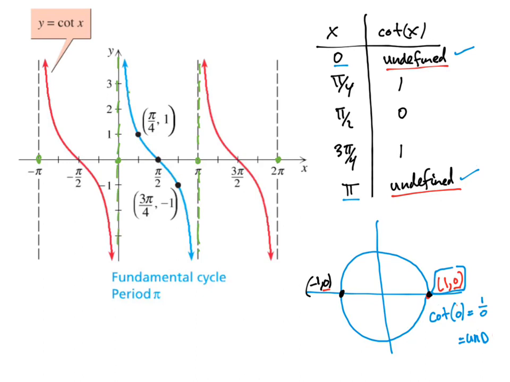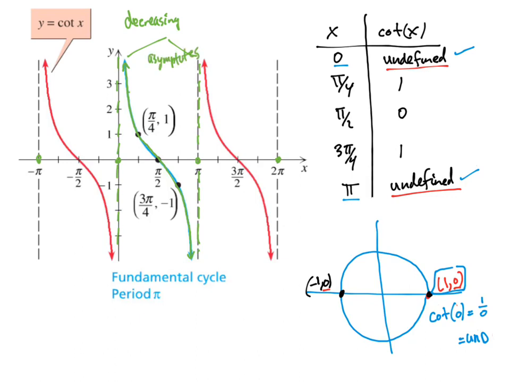So one thing that is different about cotangent from tangent is that the function is always decreasing. So tangent is always increasing, but the cotangent function is decreasing. So we say it's decreasing. We have asymptotes here and here.